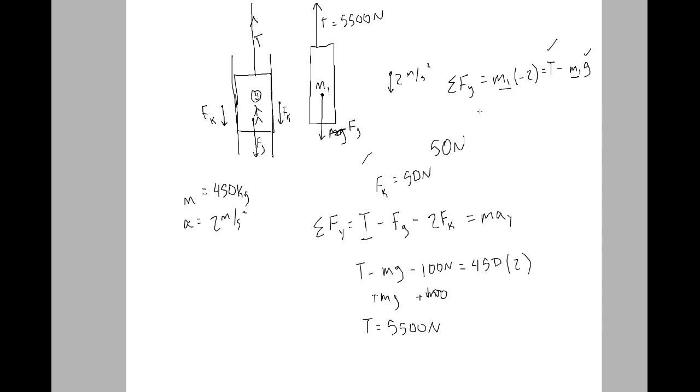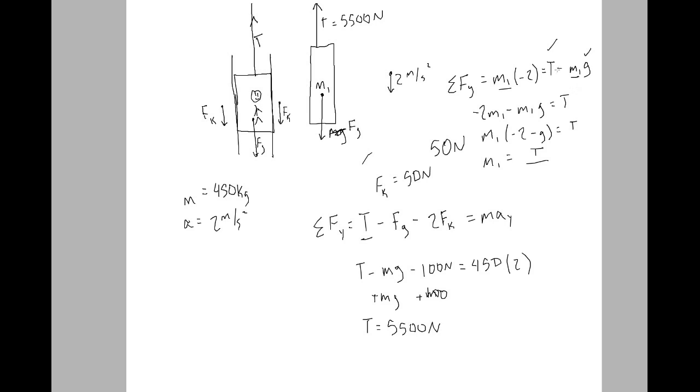So I can add this to the other side and get -2m1 minus m1g equals T. So I factor out an m1, and I get -2 minus g equals my tension force. And so I can divide that. So I got m1 equals tension over -2 minus g.